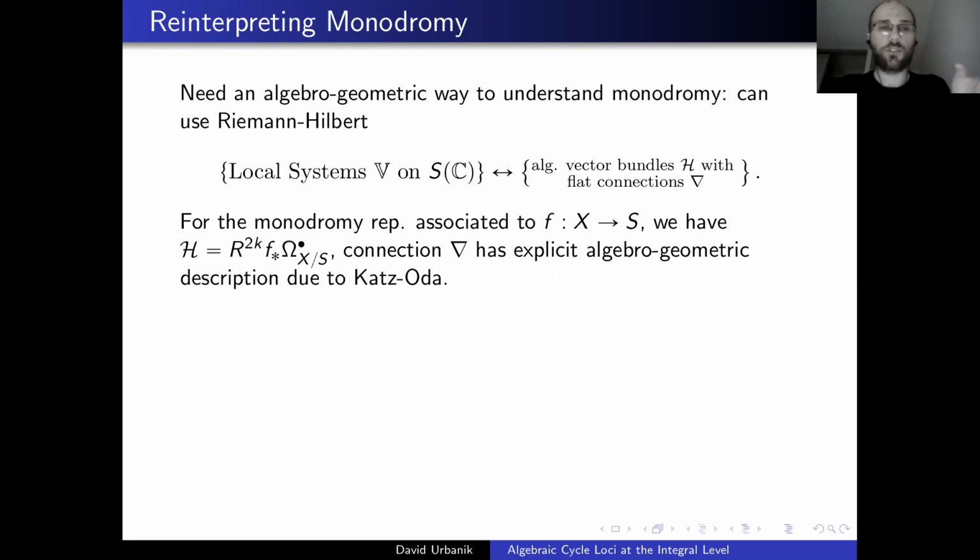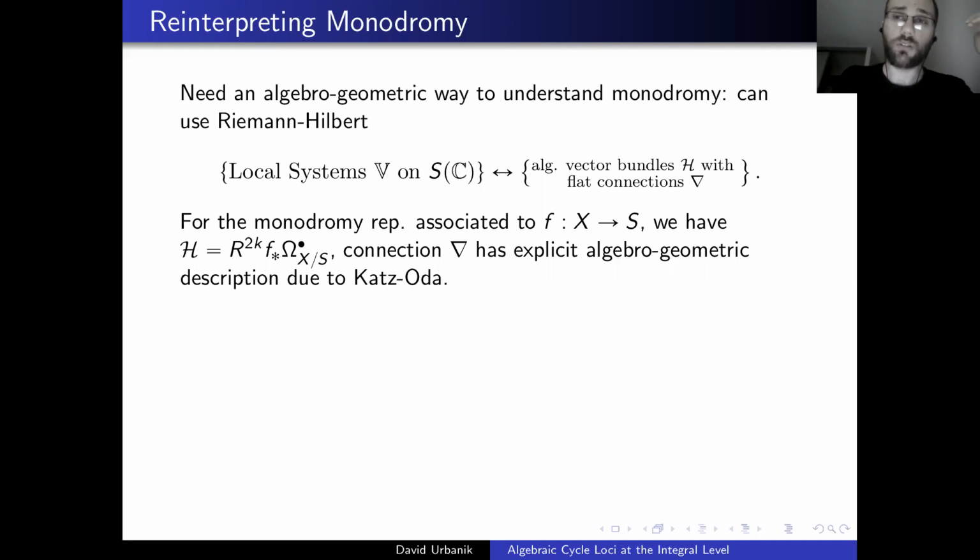Then you get an algebro-geometric definition of the cohomology, which admits a comparison map to the analytic Betti cohomology. This gives us an algebraic vector bundle that describes the cohomology, and it even makes sense integrally if our family X over S is defined over some ring of integers of some kind.